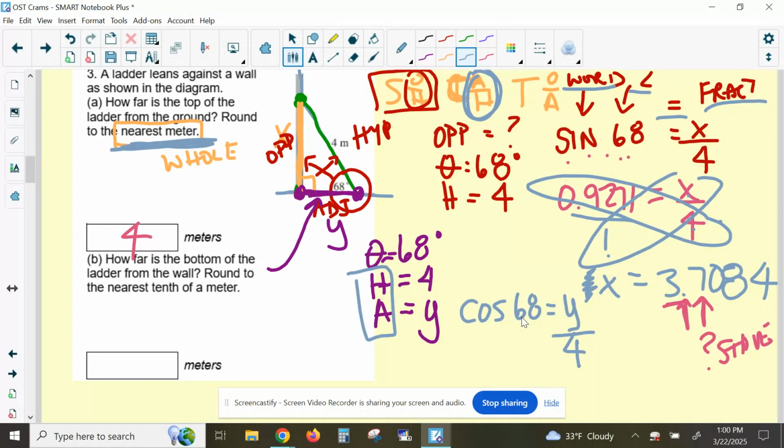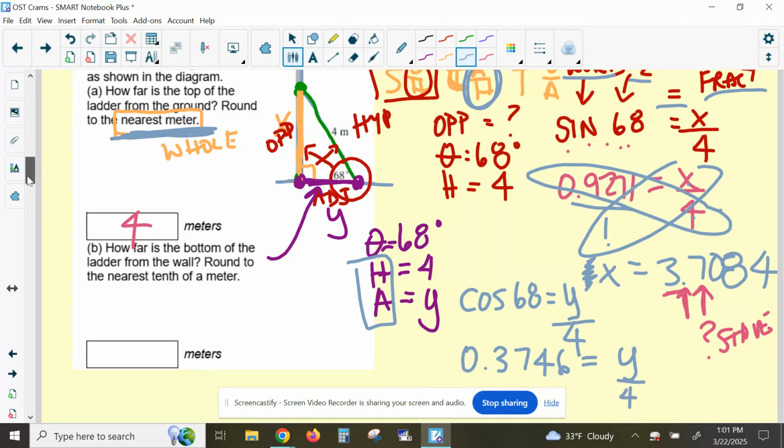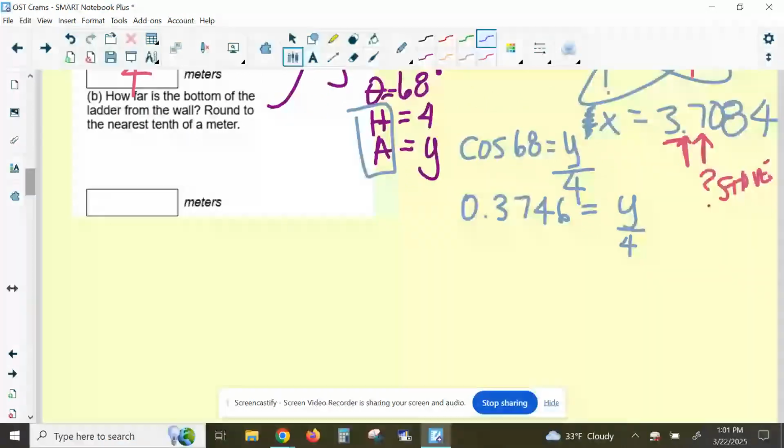So remember, put that right in your calculator. Cosine 68. I've got 0.3746 is equal to y over 4. I'm going to put this baby over 1.